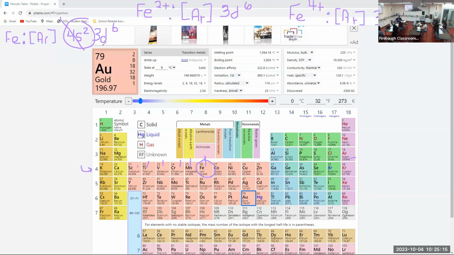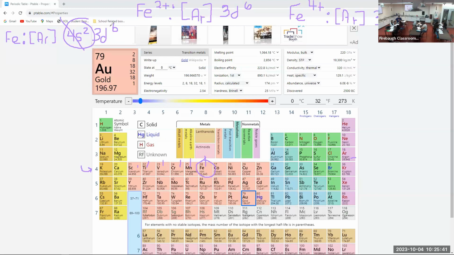So the 4 plus means I remove 4 electrons. Fe is neutral, so that's 2 electrons removed from the 4s, and 2 electrons removed from the 3d, for a total of 4. So that's where we get that 4.